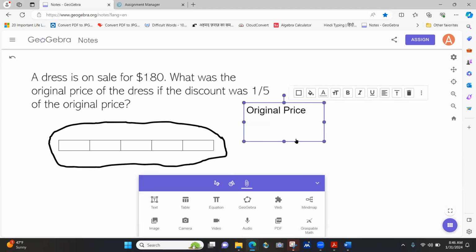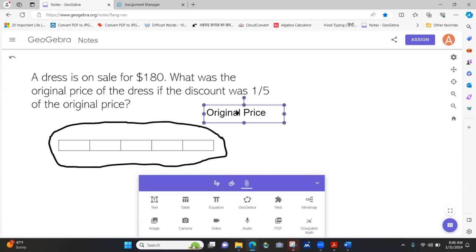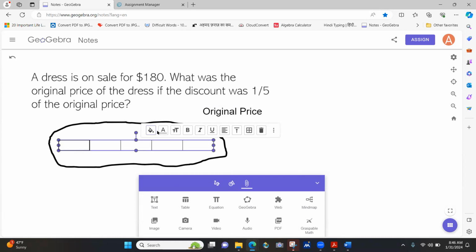If this is the original price, it was 1/5 off. So what you are being asked to pay is this much, 4/5. Let me choose yellow. You're being asked to pay 4/5 because it was 1/5 off. So you're paying $180.